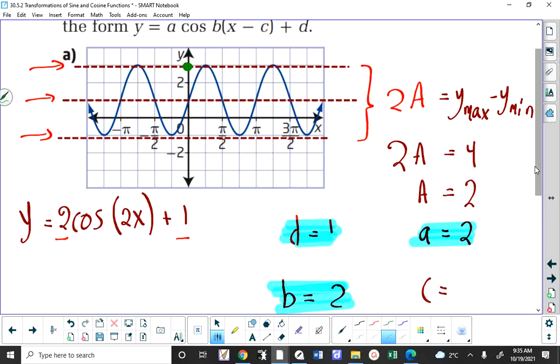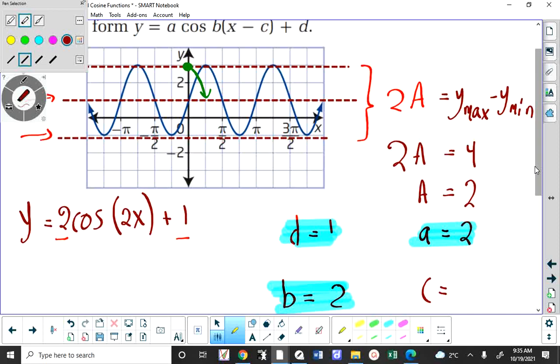So if this were the function and c were 0, this would be what the graph would look like. Are you with me? Except that's not what the graph looks like.